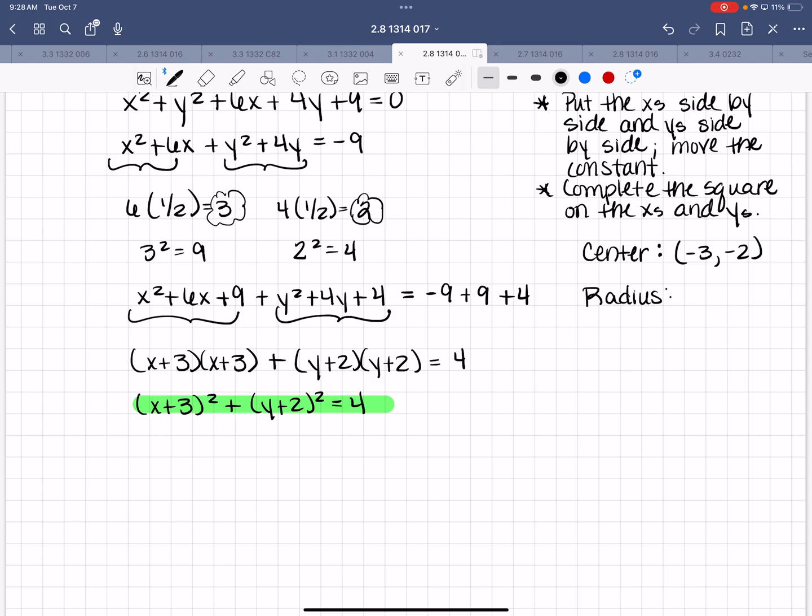I know that r squared equals 4. So that means r is going to equal 2, because r equals plus or minus the square root of 4, and then I need a positive. So I've got a radius of 2. And now all that's left is the graph, the domain, and the range.